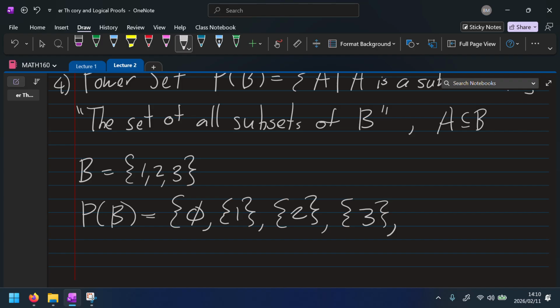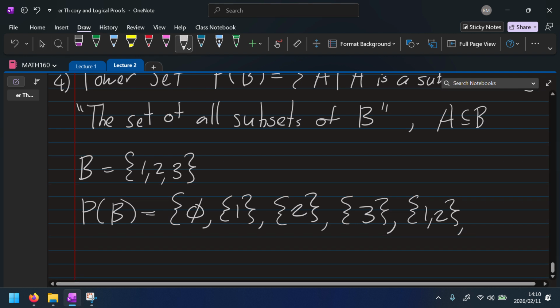What about the 2 element subsets? So we're going to just go through the list. So what about the set {1, 2}? That's a subset. Why? Let's go through the elements. Is 1 contained in the set? Is 2 contained in the set? So we're good. Now that's enough of me.